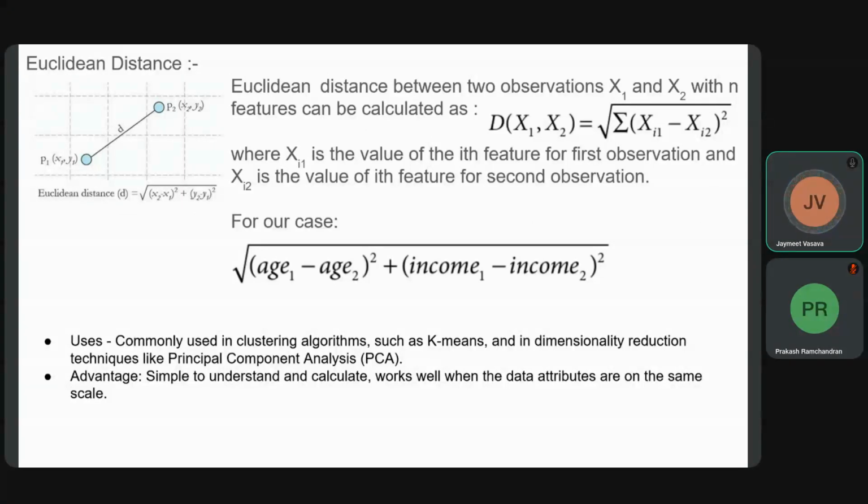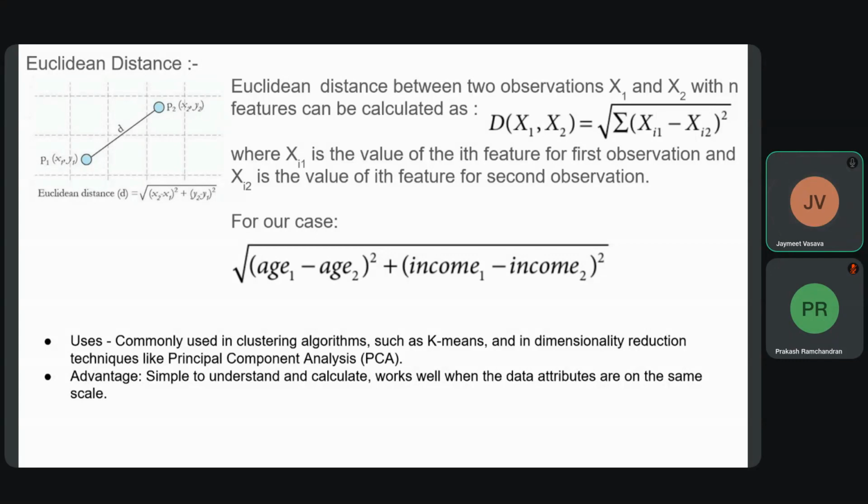Applying that formula to our data set, the Euclidean distance can be calculated as (age1 minus age2) whole square plus (income1 minus income2) whole square, all under a square root.